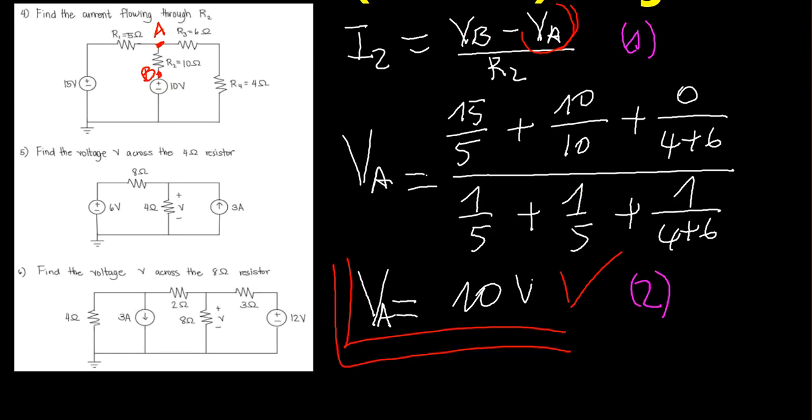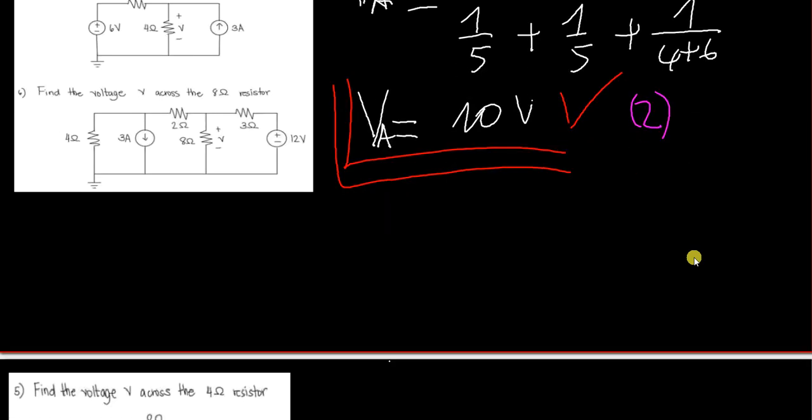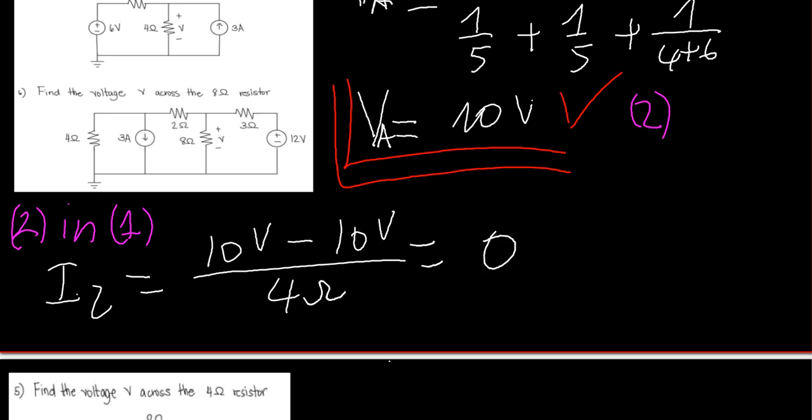So if we take equation 2 in equation 1, we get I2 equal to VB, which was 10 volt, minus VA, 10 volt, divided by R2, which is equal to 4 ohms, and this operation is going to give 0 amps.